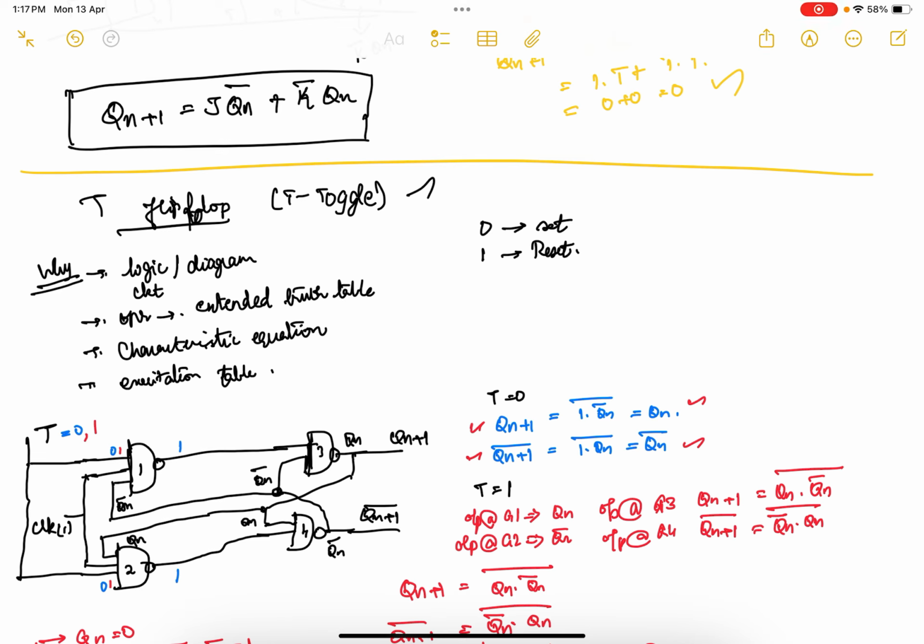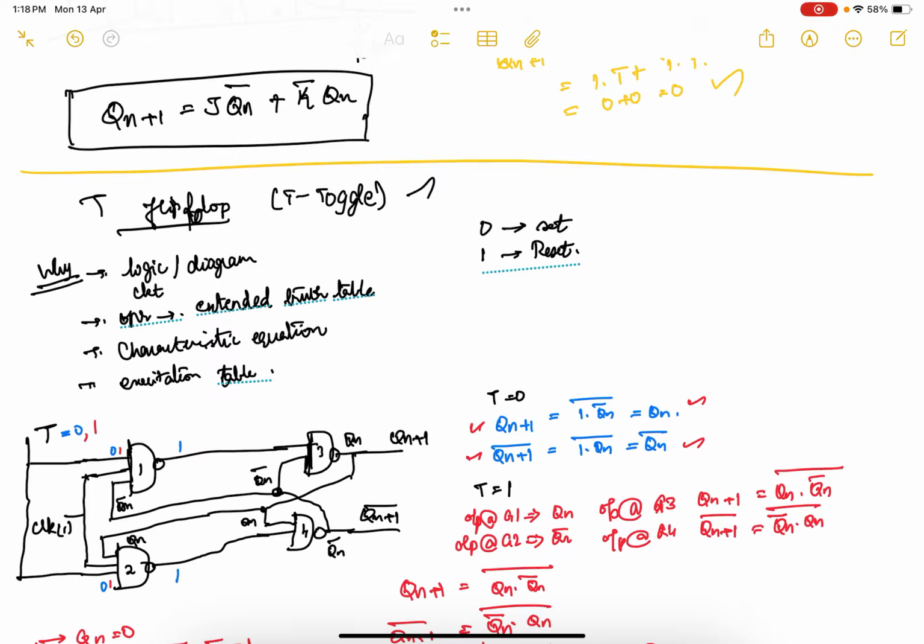So first we have explained our logic diagram or the circuit diagram, where the diagram is similar to the JK flip-flop. The only difference here is, in our JK flip-flop I will be having a separate lead for making a connection, but here instead of having a separate lead, we are connecting both the j and k inputs to a common node, a common point.